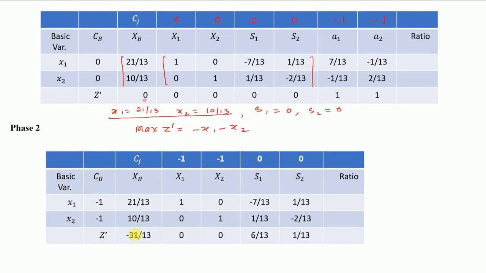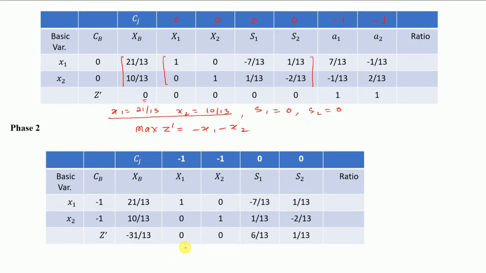Here z dash is minus 31 by 13, and the value of zj, look at this, here I have calculated, this is 0, this is 0, means this is cb xb minus cj. So if you calculate you will get 0, 0, 6 by 13, 1 by 13. In the first step we are getting all values greater than or equal to 0, non-negative. It means this current solution is an optimum solution.